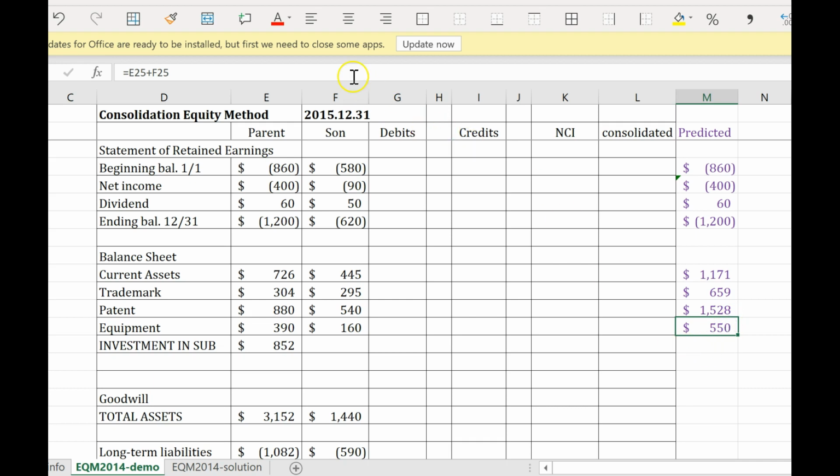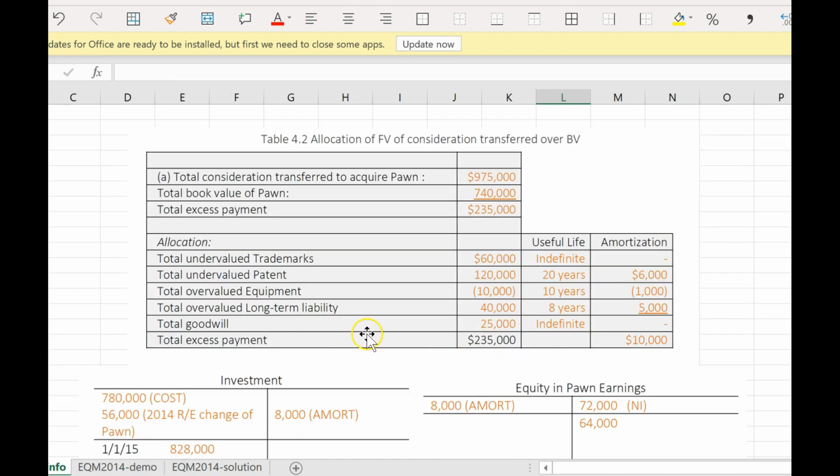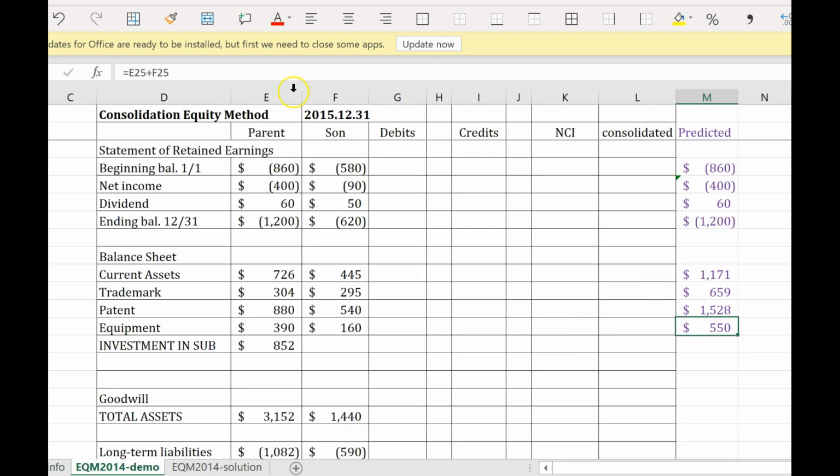The same thing with my equipment. I do parent plus the subsidiary, but we should be adding or subtracting its overvaluation. So we need to subtract 10,000 from it, but we are adding back 2,000 because of 2 years of amortization. If you combine the 10 and 2, that's 8,000, right?